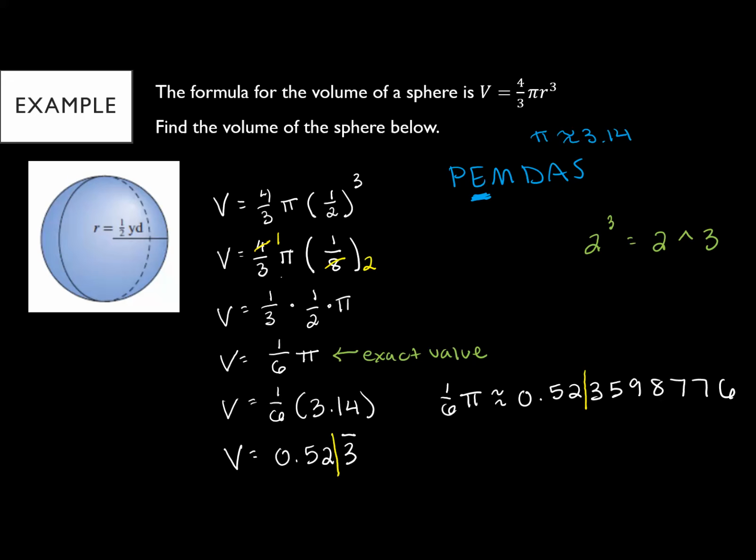You look at the number after the line, and if it's 5 or higher, you round up. So in both of these cases, the number after it is 3, so we don't round up, and we could approximate this as 0.52. And you can see that you get the same approximation whether you use 3.14 or you use more decimals. We got the same value when we round.